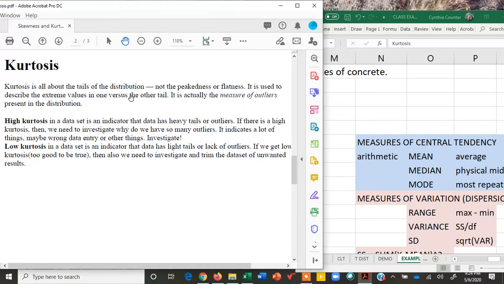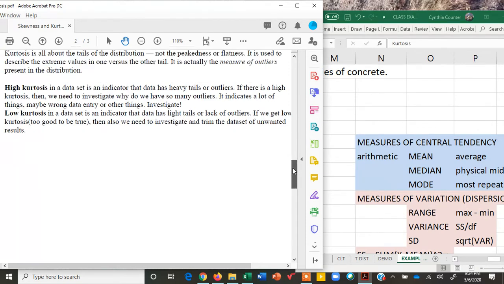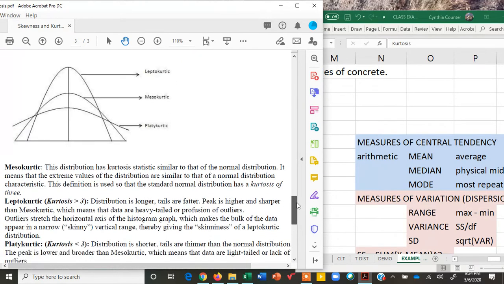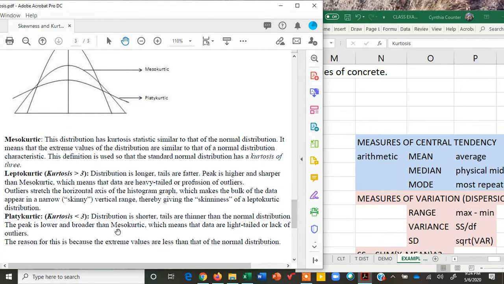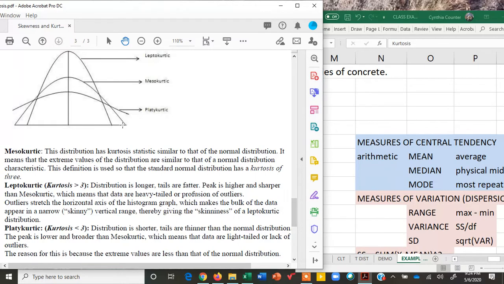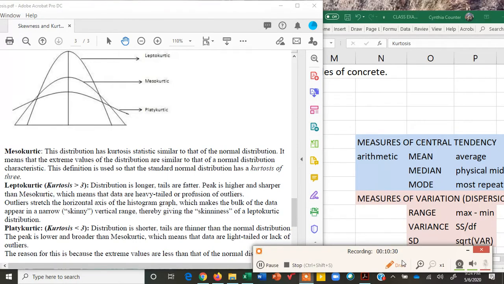Now, the way she words things is a little different than I would. So I'm just going to show you the pictures and explain how I see it, and we'll compare that to how she describes it down here. But let's start by looking at the middle one, the one with moderate kurtosis, called mesokurtic, where meso means basically middle.